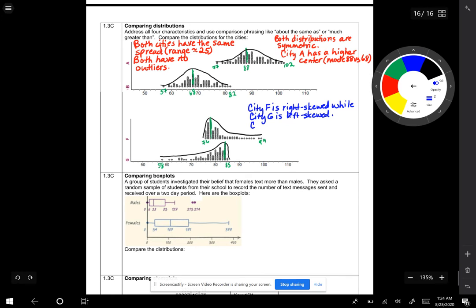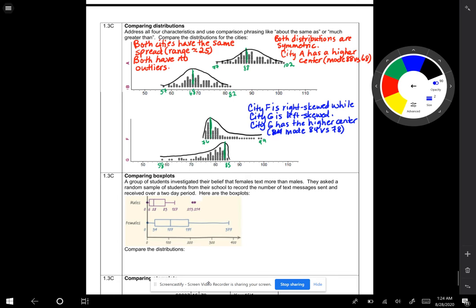So City G has the higher center, mode 84 versus 78. And then let's look at the spread.